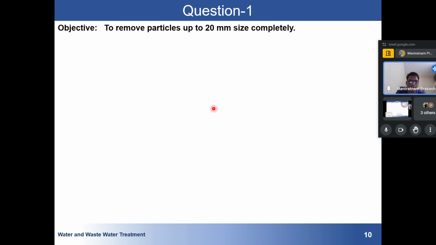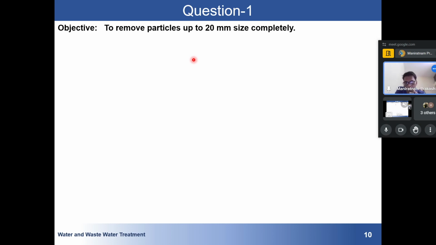Because it has been seen that if we try to remove particles with size lower than 20, the efficiency of the primary sedimentation tank will be very low. So it is always suggested that we work in such a way, because we know that further units are coming that will help in removing suspended particles. So why put the whole burden on one unit only?